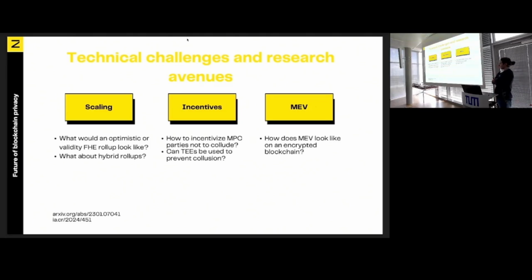Now, if we take a look at validity rollups, aka ZK rollups, then again, it's not clear if we can generate SNARKs for FHE operations. Some recent work that I link in the bottom left tries to tackle this issue.